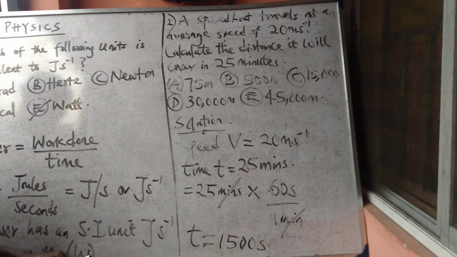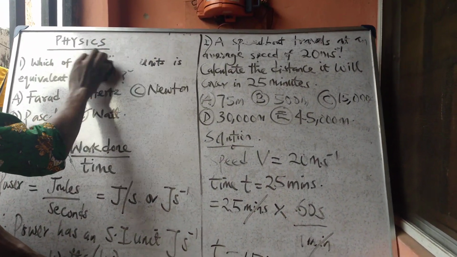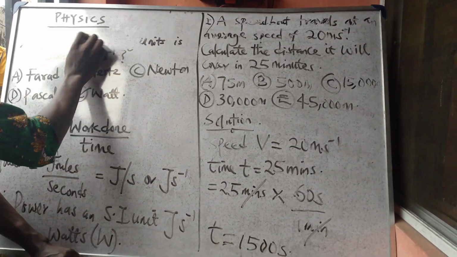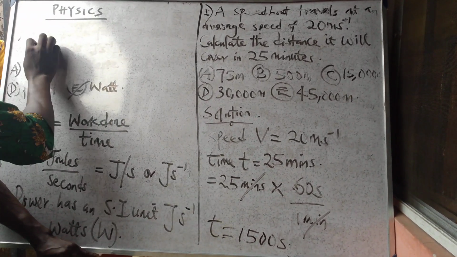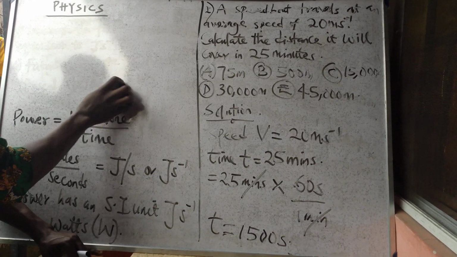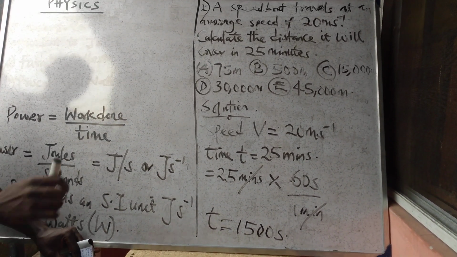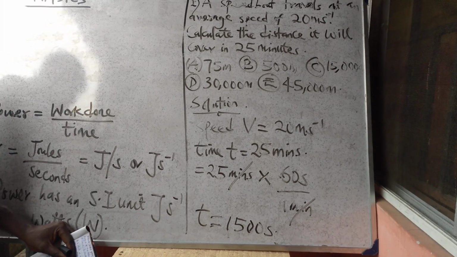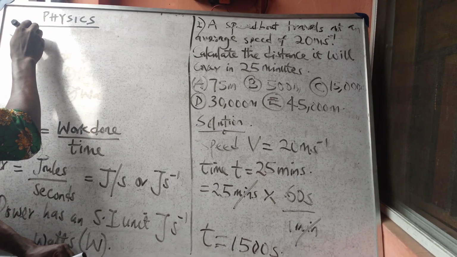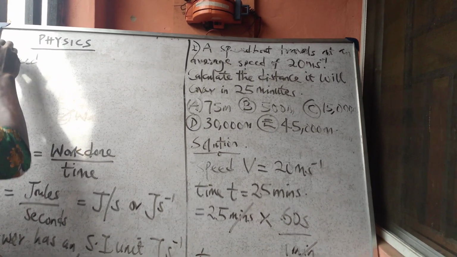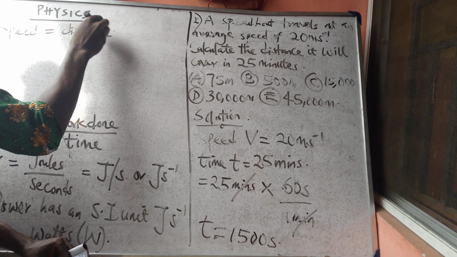Now, the next thing you look at is the formula for speed. Speed is the ratio of distance to time, or you can say it is distance per unit time. Speed equals distance per time.